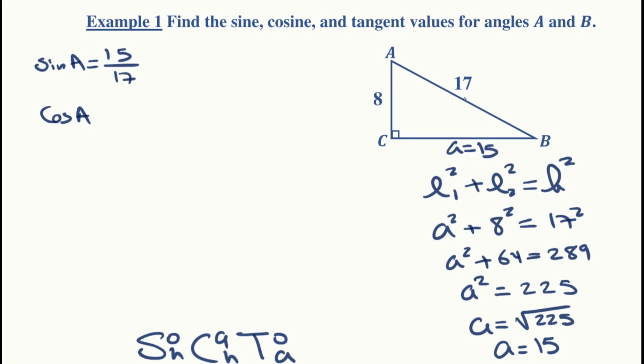Cosine of a will be adjacent over hypotenuse. So notice for a, the side adjacent has length 8 over hypotenuse, which is 17, and tangent of a is going to be opposite over adjacent, so 15 over 8.